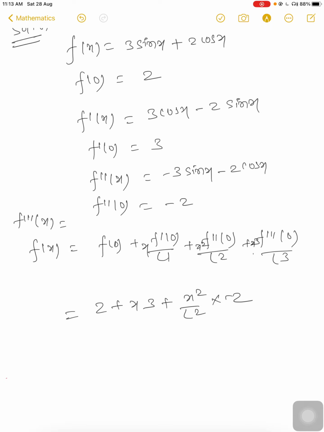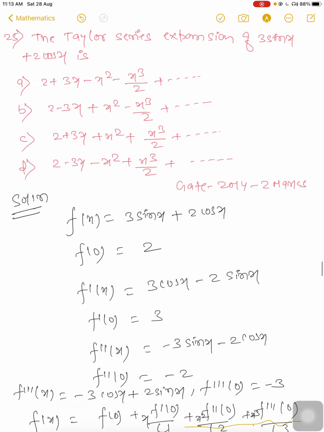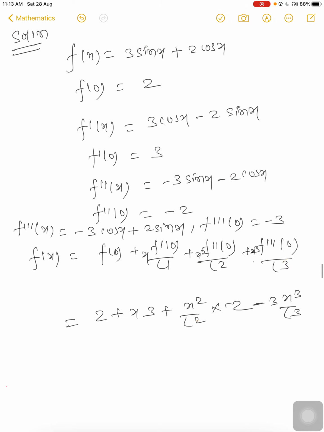Then f'''(x) will be minus 3 cos x plus 2 sin x. Then f'''(0) will be minus 3. So here it will be minus 3 x³ by factorial 3.